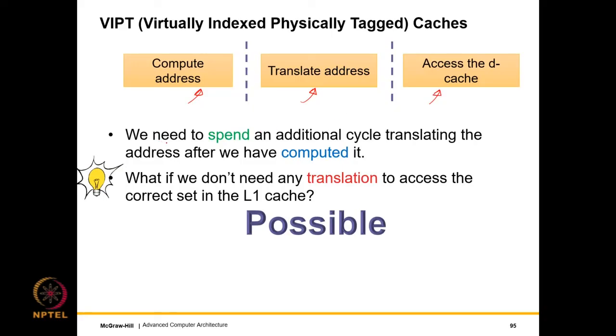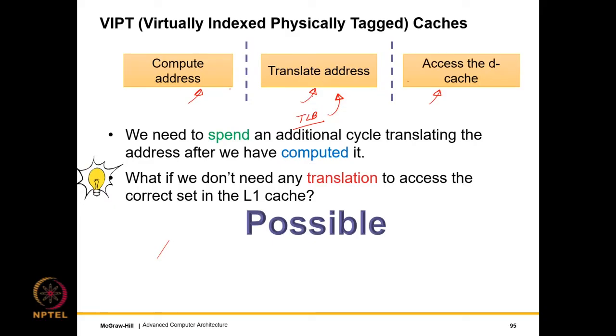The key insight is that we need to spend an additional cycle translating the address after it has been computed, which is this cycle. So this cycle is essentially at least one cycle of delay, because here we access the TLB between the address compute phase and the Dcache accessing.